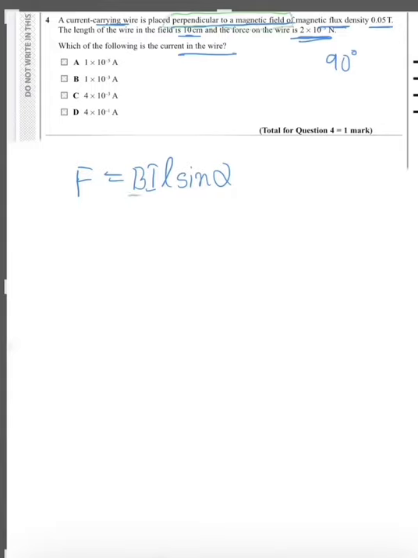We know the magnetic flux density, we know the force, and we know the length of wire in the field. So the magnetic flux density is 0.05, into the current, which is what we have to find out, into the length of wire, which is 10 centimeters, that is 10 to the power minus 2, into sine 90, and the force acting on the wire is 2 into 10 to the power minus 3.